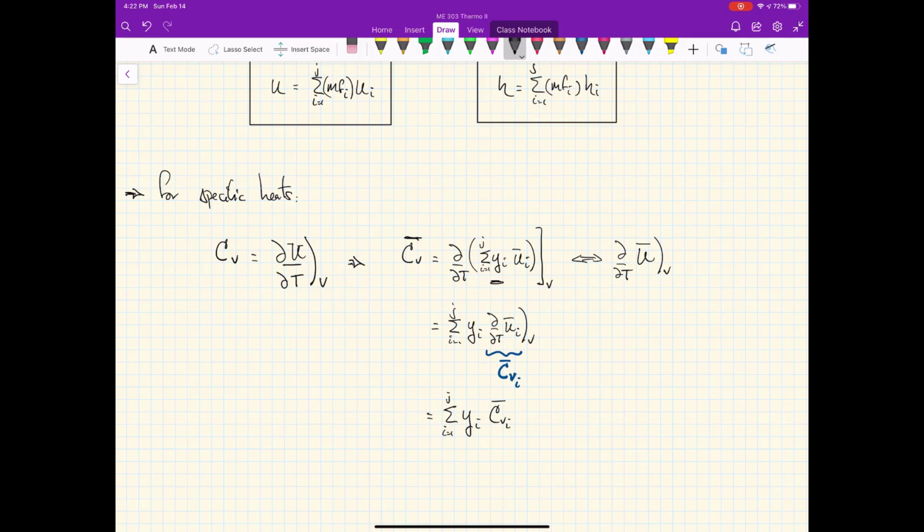But each of these is simply the molar specific heat at constant volume for that particular component. So what we're left with is a nice expression here for the specific heats in terms of the specific heats of each of the components. A little break here.